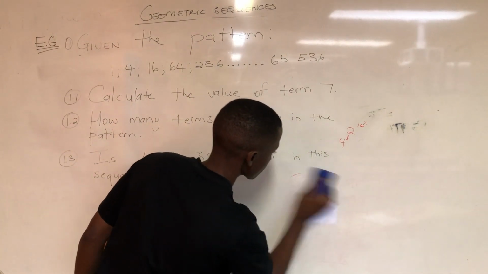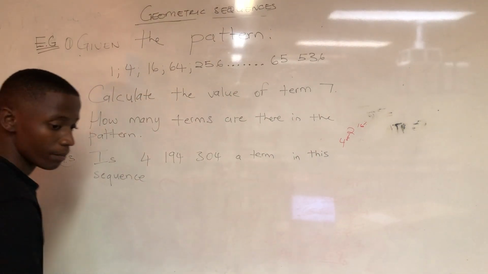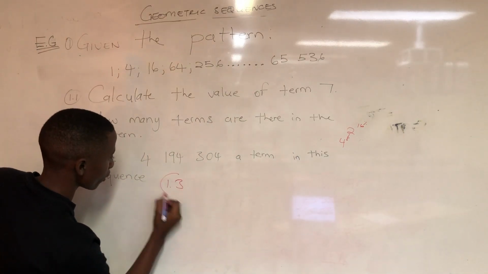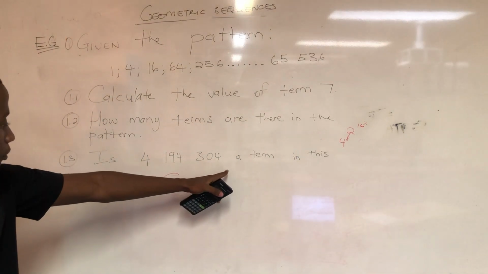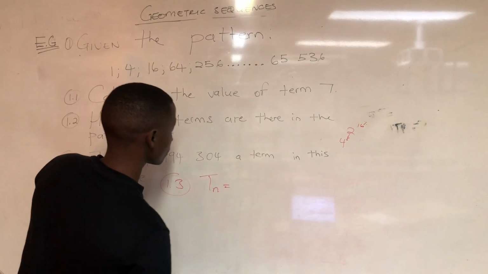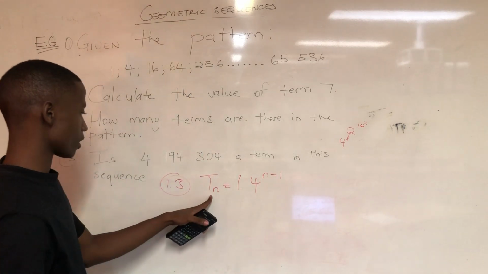All right, so let's move to number 3. Tn is equal to 1 multiplied by 4 to the power of n minus 1.